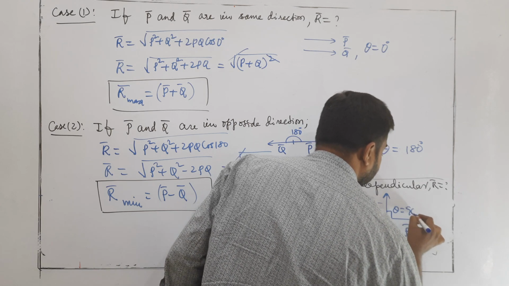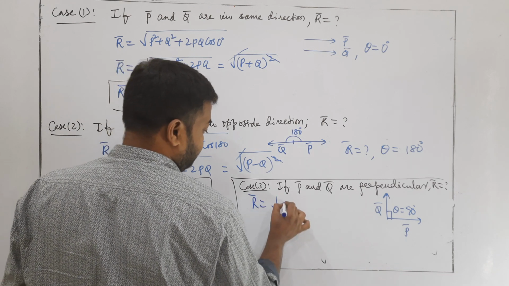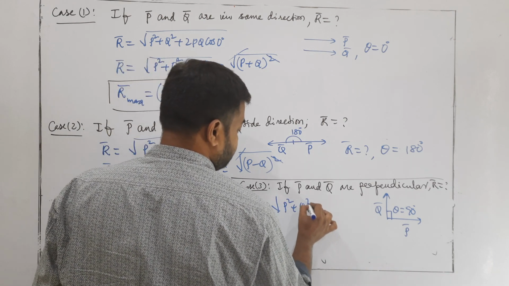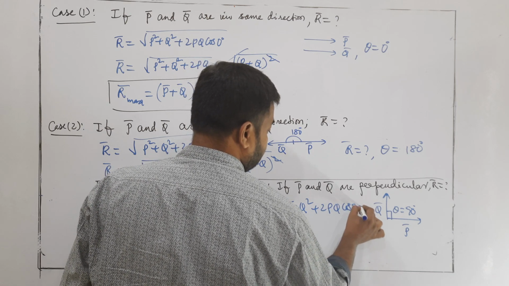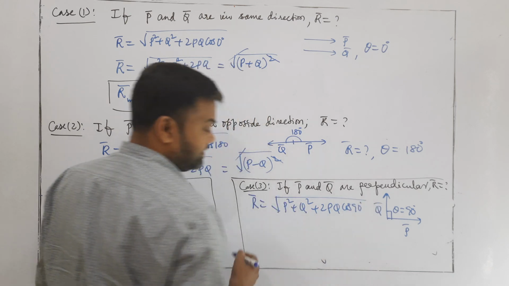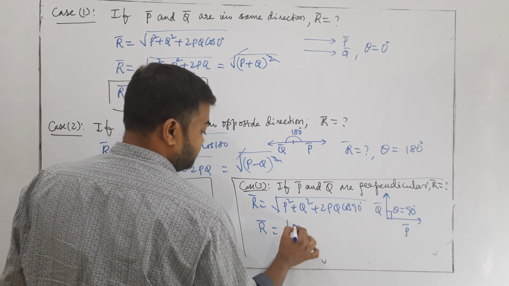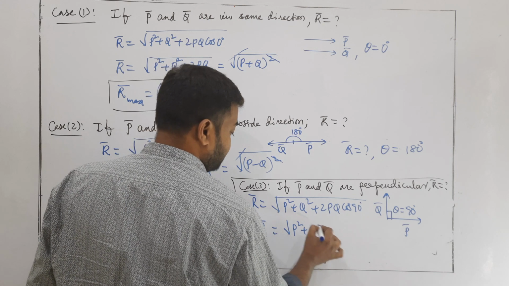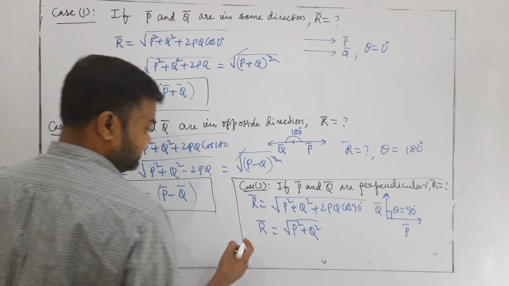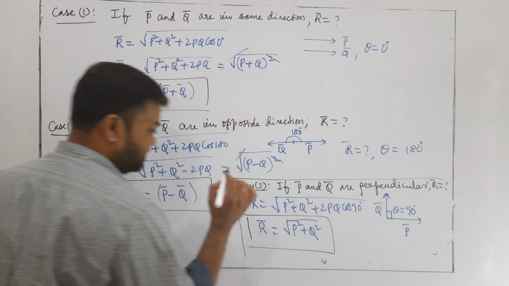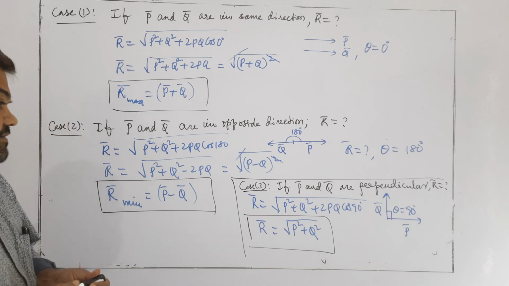Theta is equal to 90. Then R bar is equal to root of P square plus Q square plus 2PQ cos 90. What is the value of cos 90? Cos 90 is 0. And finally we can write resultant is equal to root of P square plus Q square. R bar is equal to root of P square plus Q square. This is also case 3.